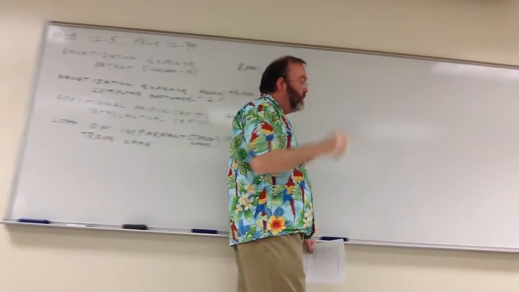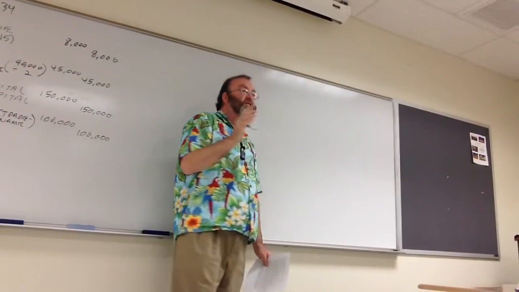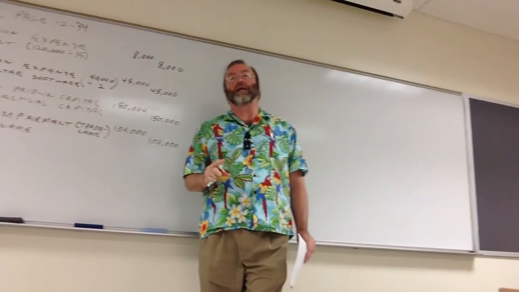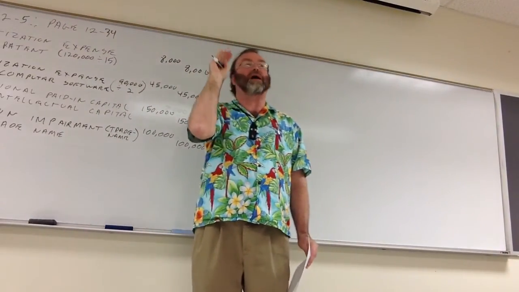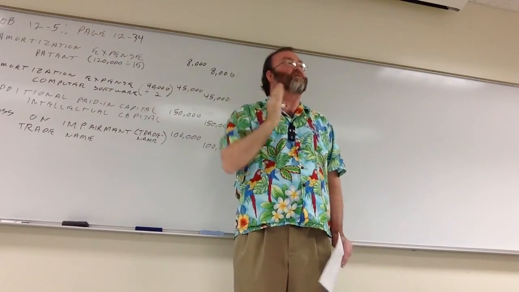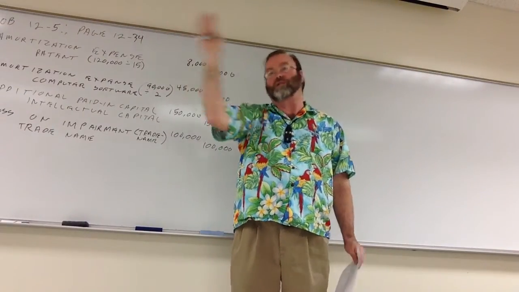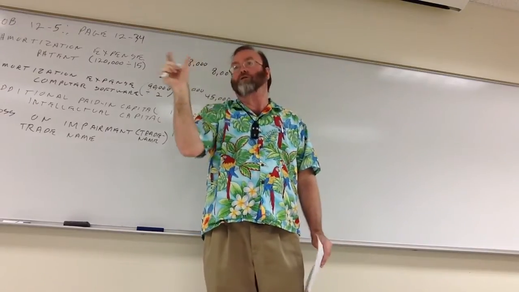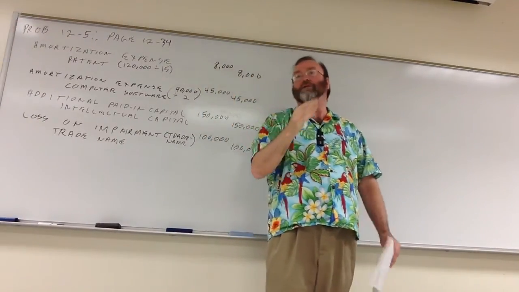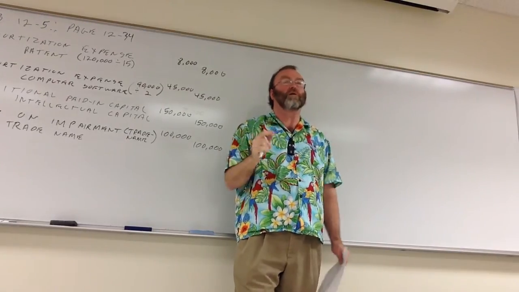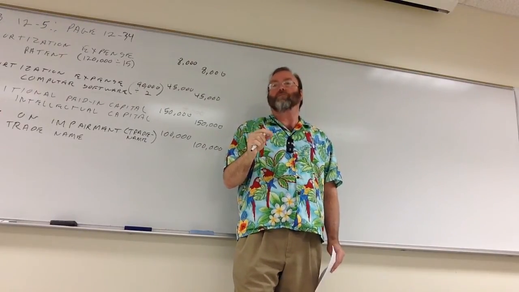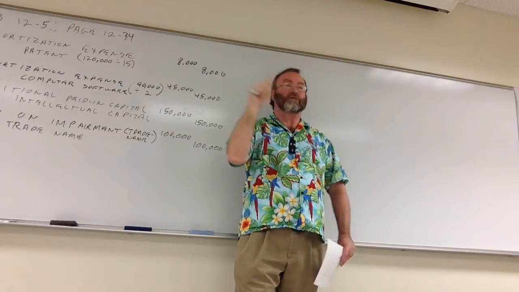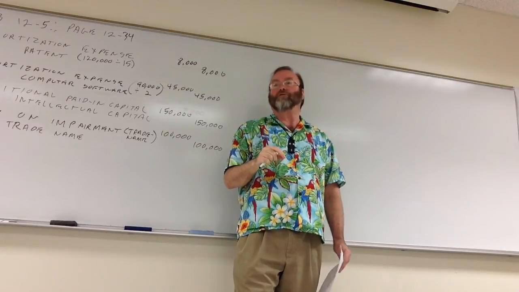So the way goodwill is calculated, if you recall from our conversation on Tuesday, is you take all of the identifiable assets at their fair value. So cash is always equal to cash. Receivables are normally also the same as their book value, or at least their net receivable, less any allowance for bad debt.